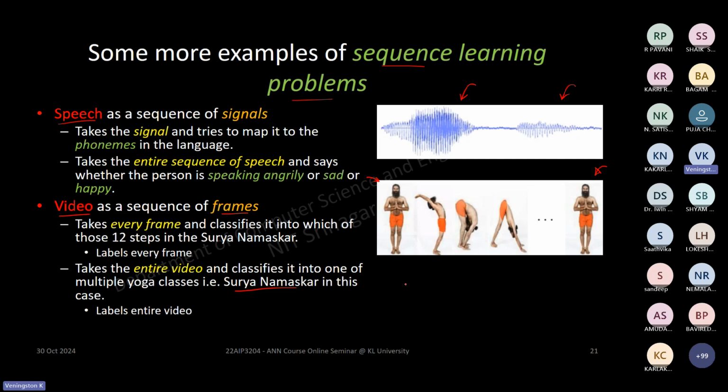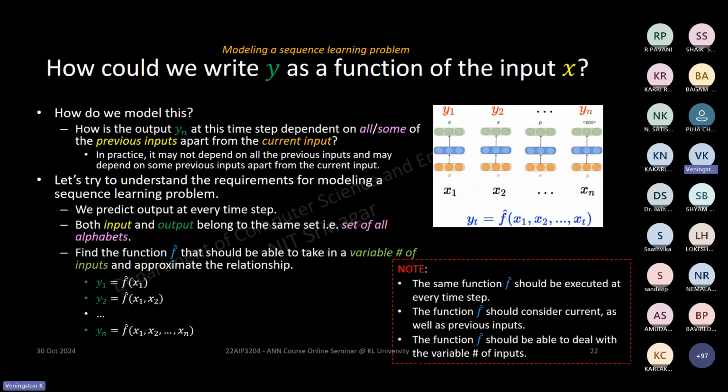You can train a model with a set of video sequences of different yoga poses, and then the model can automatically assign a yoga pose for a given video sequence. So here we wanted to label the entire video, we don't want to label every individual frame, and we wanted to assign a single label for the entire video sequence. Similarly, we want to assign a single label for the entire speech sequence. So these are some of the applications we see from the sequence learning context.